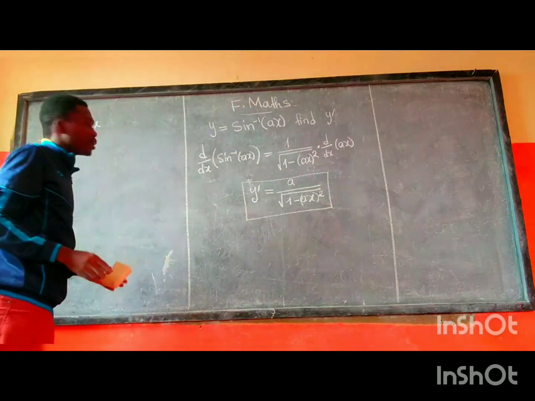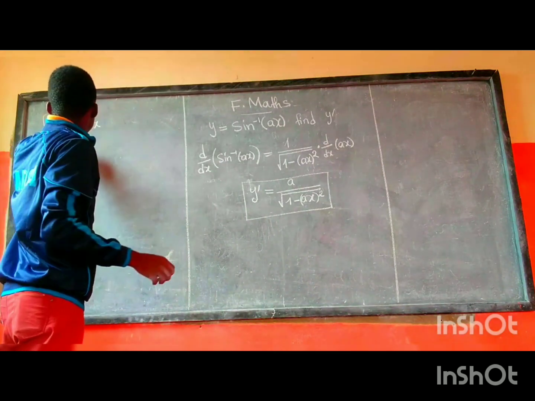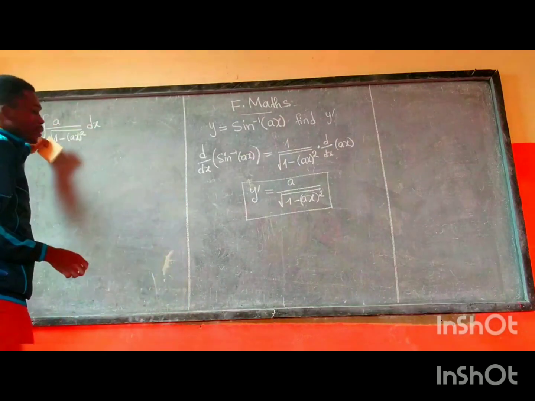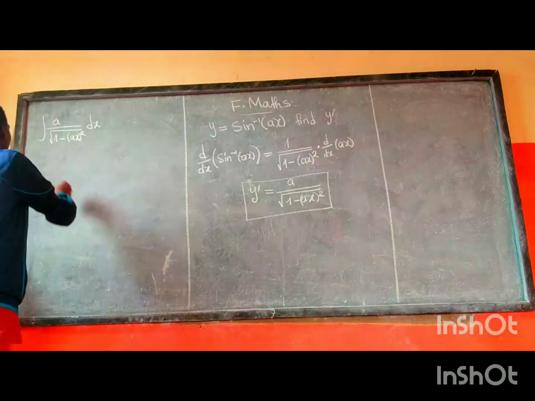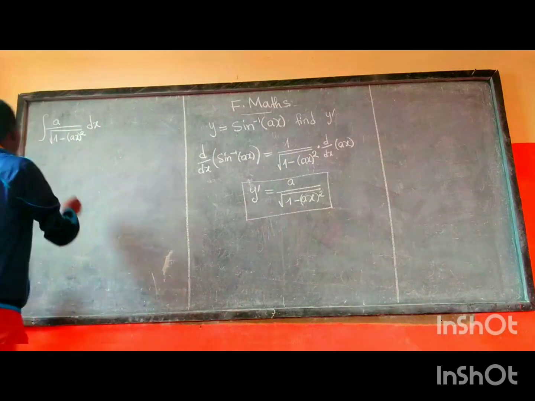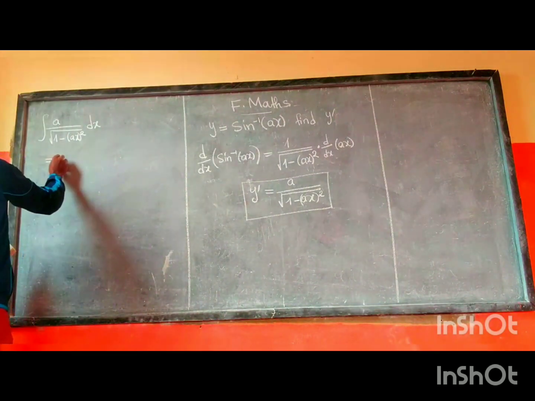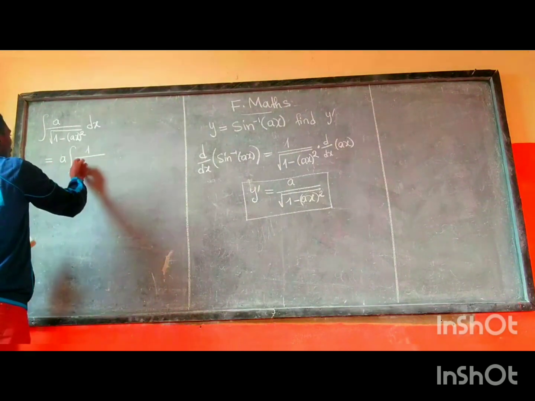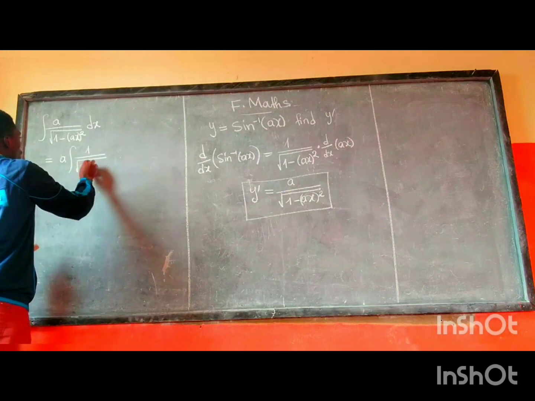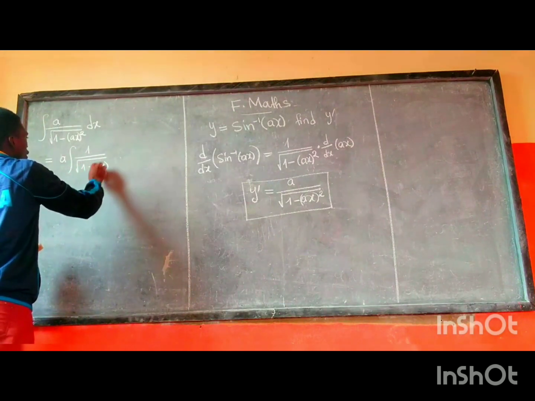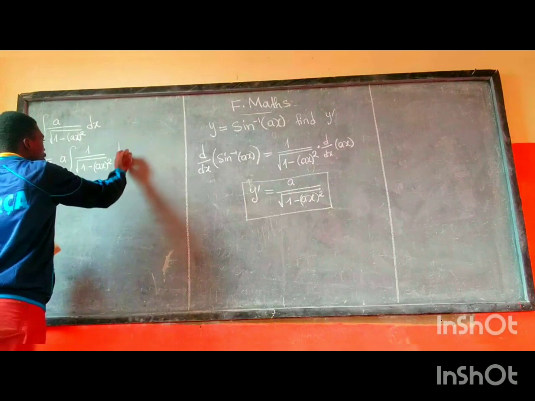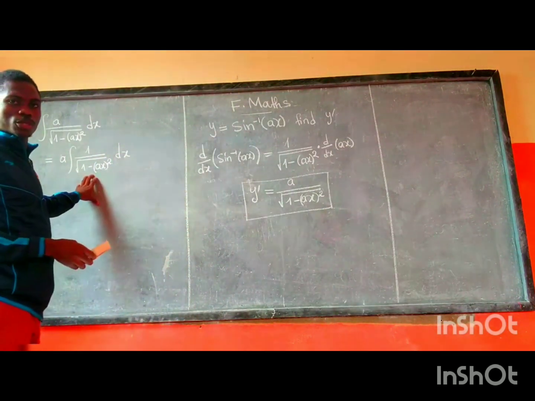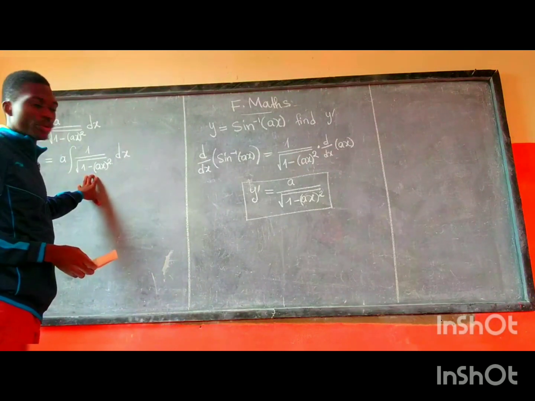To start with, in this integration, I'm going to send the constant a out of the integration, in front of the integration sign. So I'll have it as a times the integral of 1 over the square root of 1 minus ax all squared, then dx. At this point, I'm going to use substitution to be able to complete the solution.